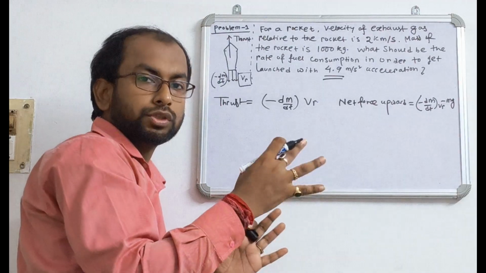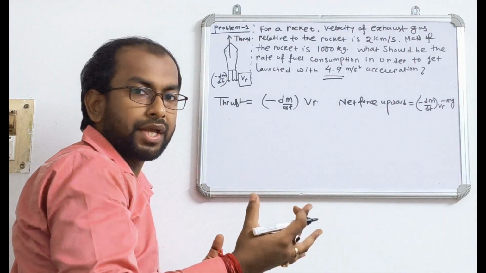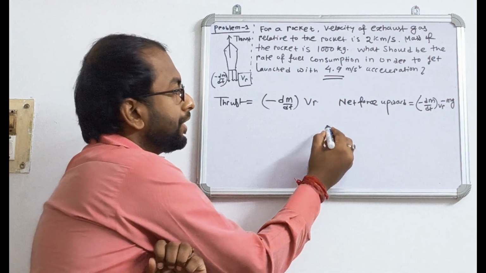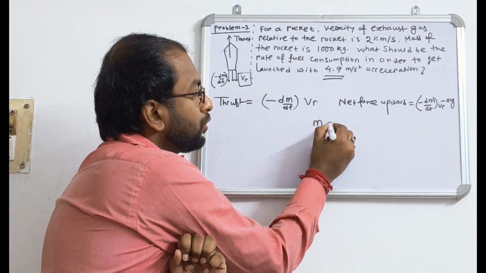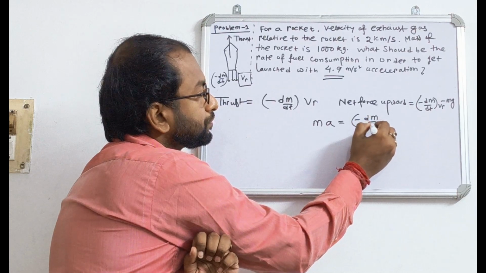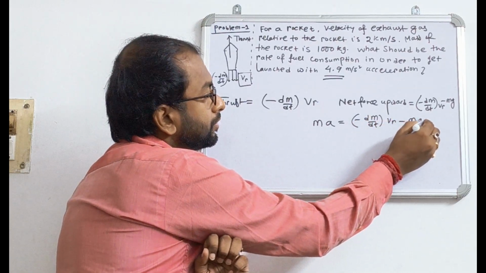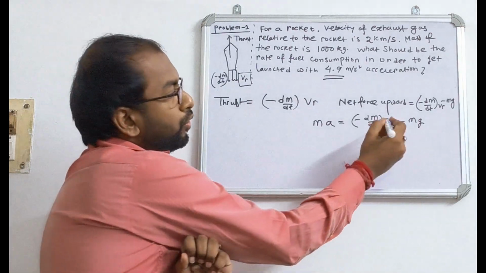That net force is equal to the mass at that instant times the acceleration. So we write: mass into acceleration is equal to the thrust force dm by dt into Vr, minus its weight.